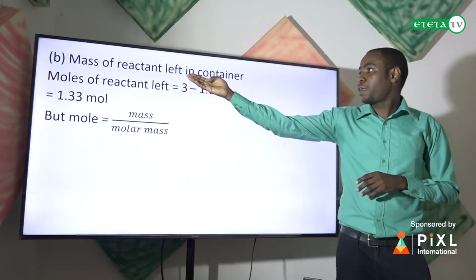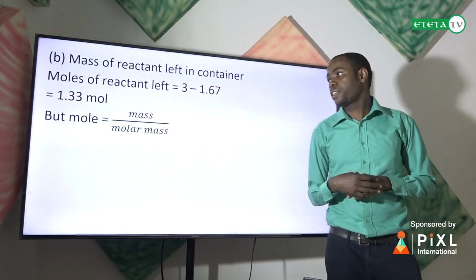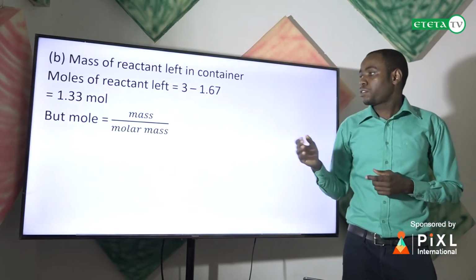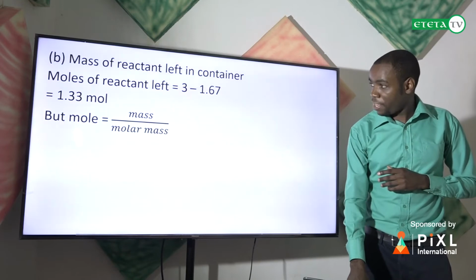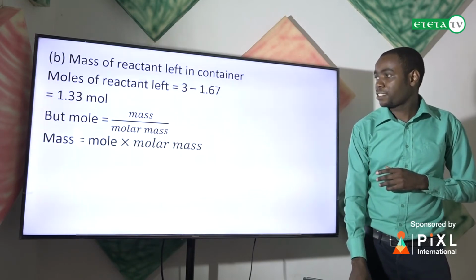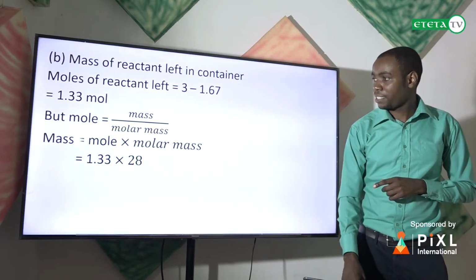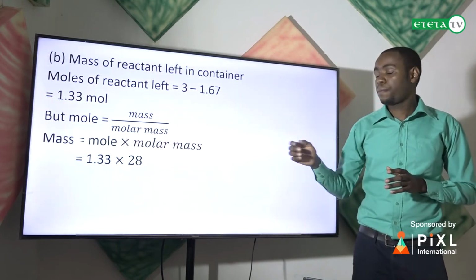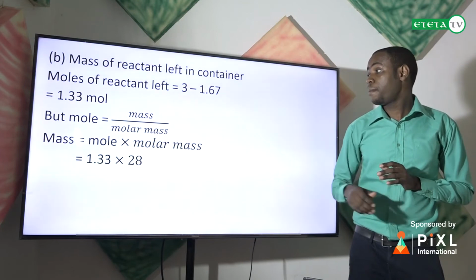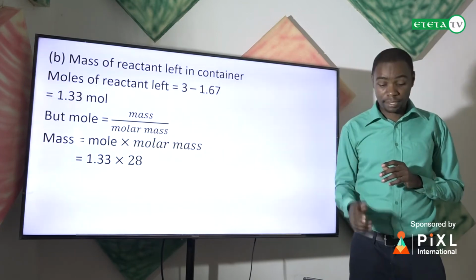Because you have been asked to calculate the mass, and this is the number of moles, the number of moles is equal to mass over molar mass. Now, to find the mass, mass is equal to mole times the molar mass. So the mass is equal to 1.33 multiplied by 28, which is the molar mass of nitrogen gas.